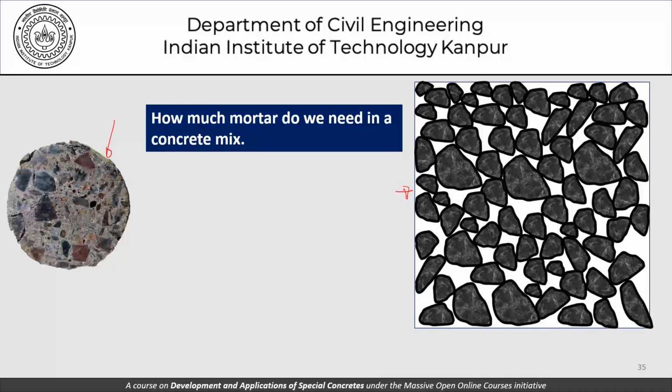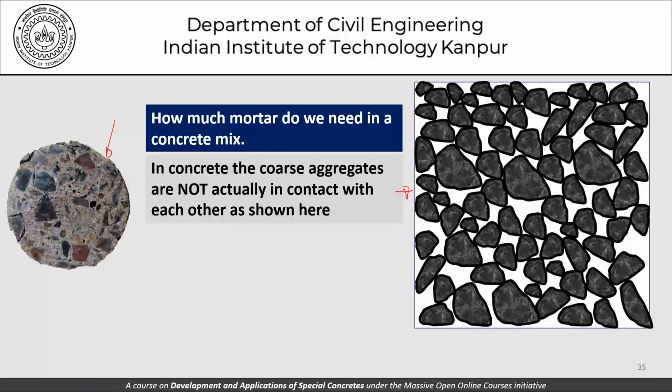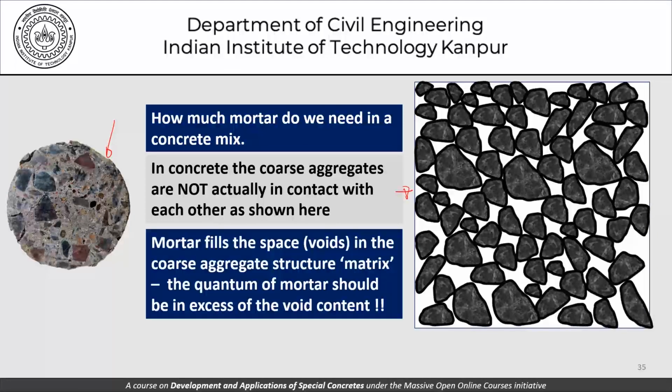In concrete, the coarse aggregates are not actually in contact with each other as shown here, which means that the mortar fills the space in the coarse aggregate structure matrix, and the quantum of mortar should be in excess of the void content.